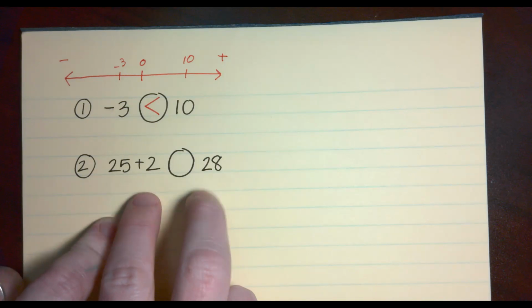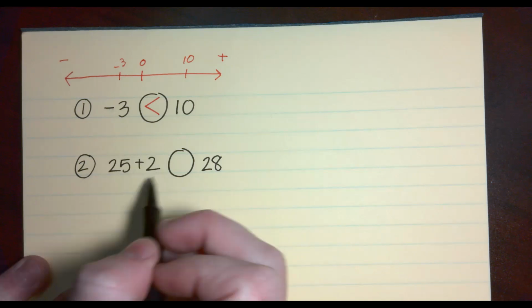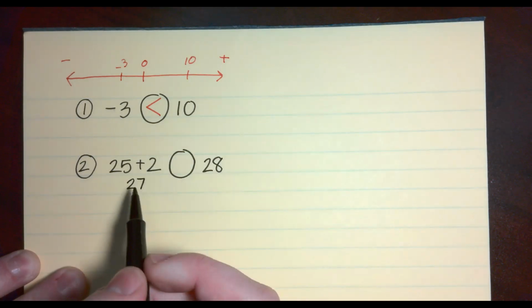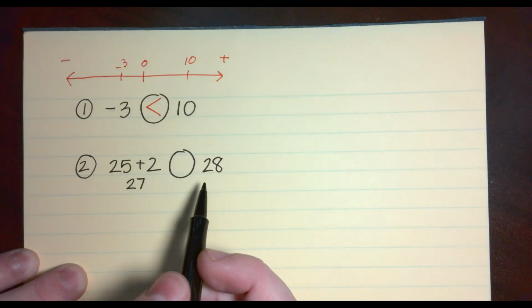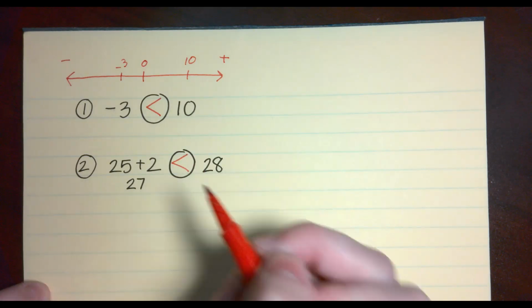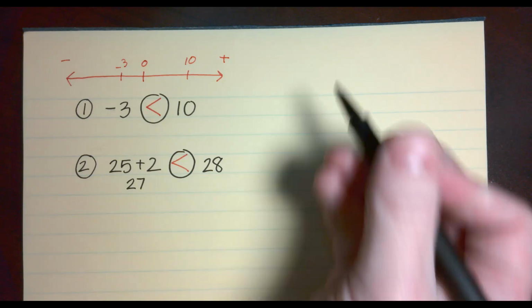We cannot compare them until we have them in the same kind of form. So what is 25 plus 2? It's 27. So now I can see I've got 27 is what then 28? Is less than. So I'm going to write less than. All right. Let's look at number 3.